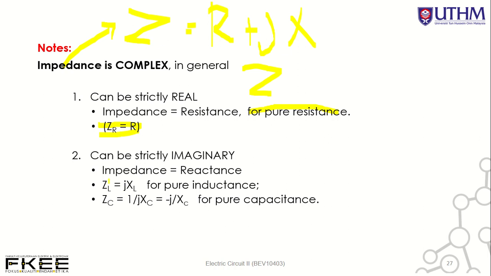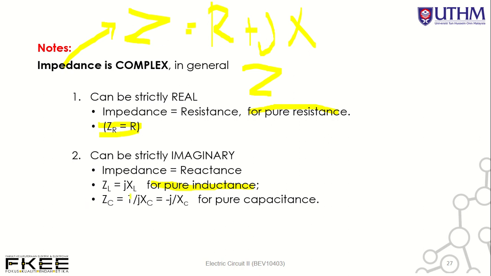Impedance equal to reactance, which is X, because there is no R in the L and C circuit. So your ZL equal to jXL for pure inductance, which is XL equal to j omega L, that you must remember.